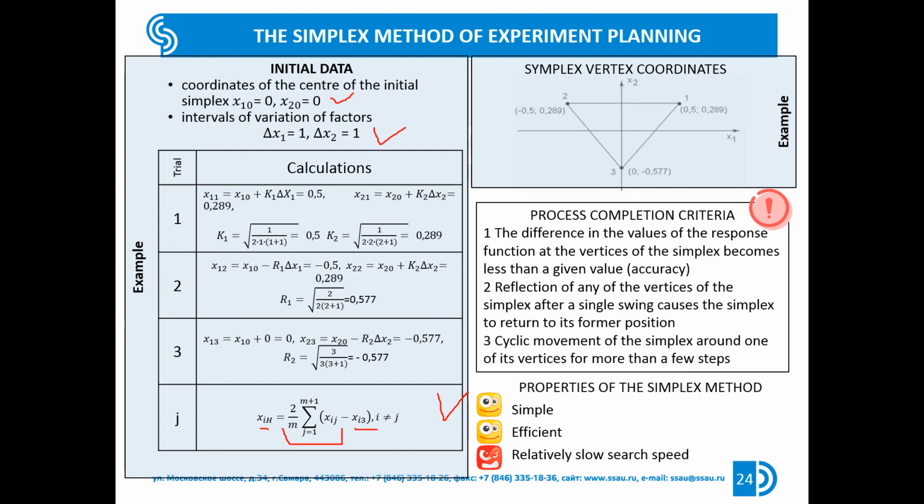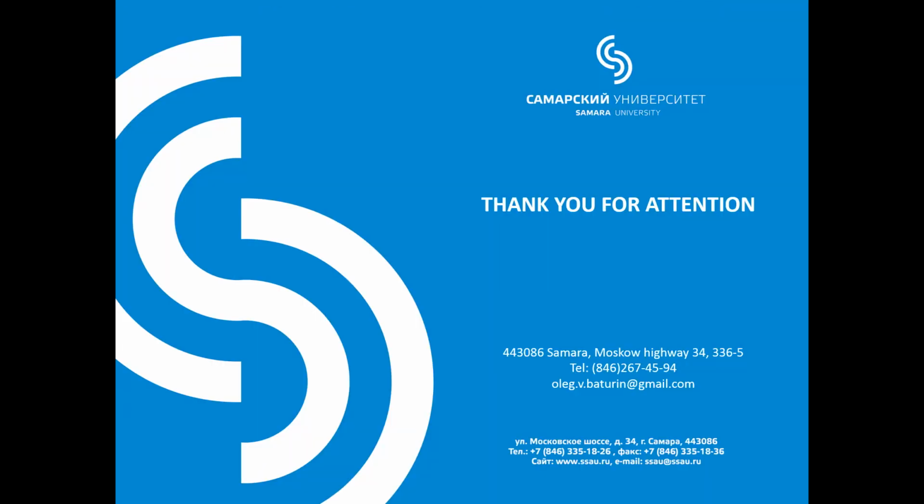The essence of the deformable simplex search method is that by reflecting the worst vertex relative to the center of gravity of the opposite edge, the size of the simplex does not remain constant, but it is deformed, stretched or compressed.